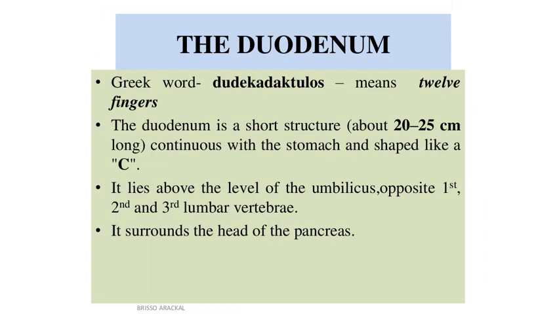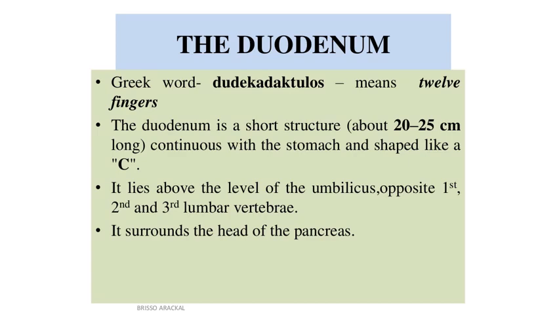The duodenum means 12 fingers. The duodenum is a short structure, about 20 to 25 centimeters long, continuous with the stomach and shaped like a C. It lies above the level of the umbilicus, opposite the first, second, and third lumbar vertebrae.